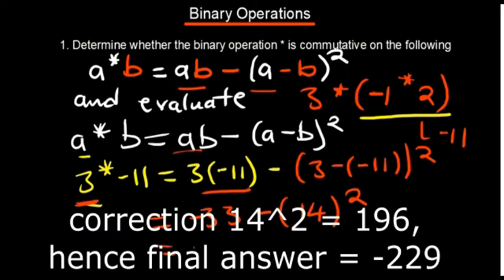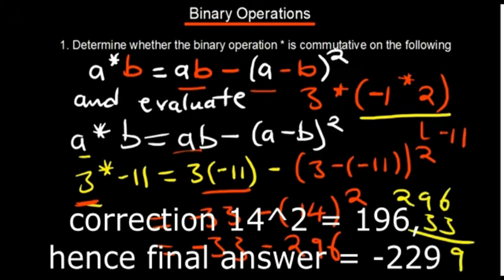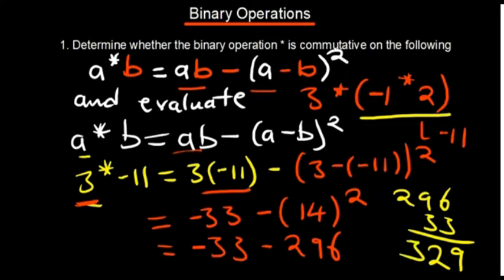So we have negative 33 minus 196. We have the same sign there, so we can add. We're trying to add 196 plus 33. So that is going to be a 9. 9 plus 3 is 12. Carry 1. So we have 229. So our answer is negative 229 after evaluating that.